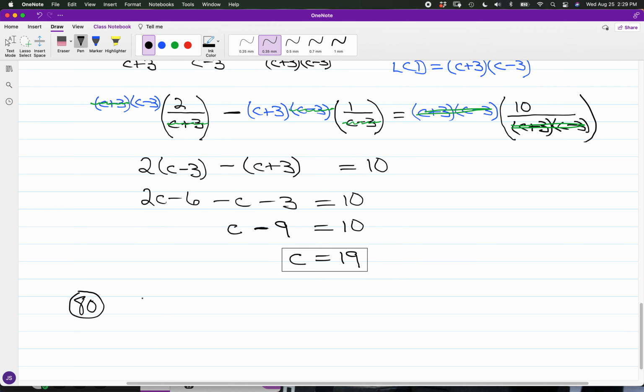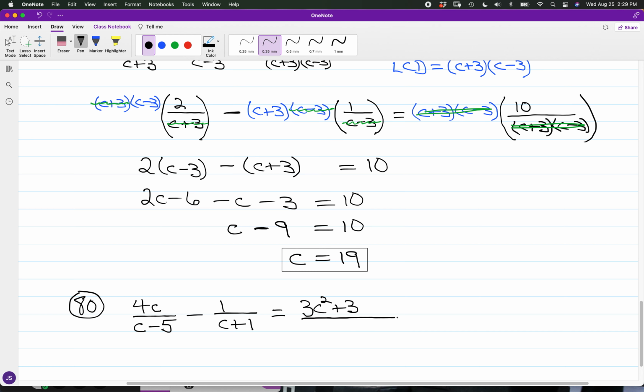So for number 80, you have 4c all over c minus 5, and we have minus 1 over c plus 1, and we have is equal to 3c squared plus 3.